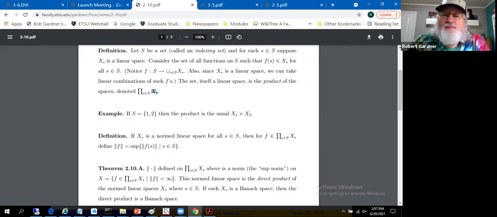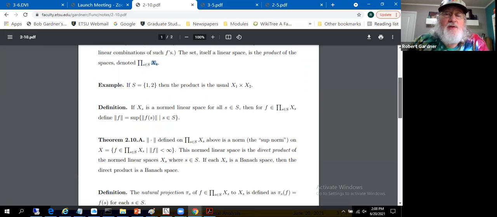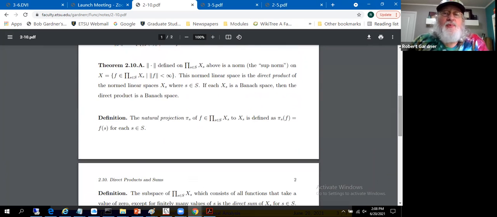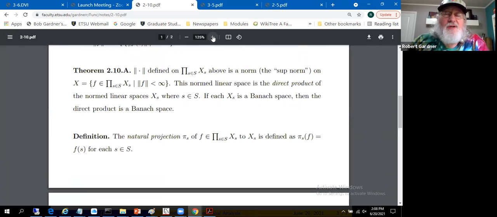Now that was a definition of product. To move down a little bit, we didn't say product, we said direct product, which is subtly different. For direct product, we'll put the sup norm on these functions and throw out all of the functions that have infinite sup norm and keep those that have finite sup norm. So what we have then is functions that map calligraphy A into Y and for which the sup norm is finite.